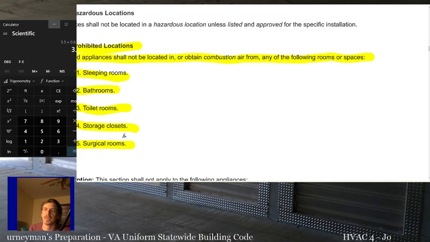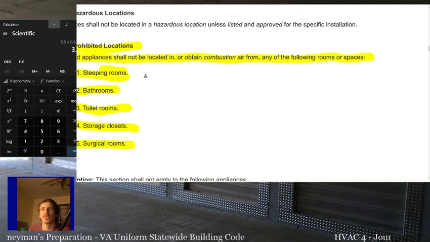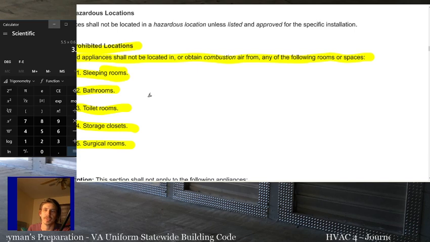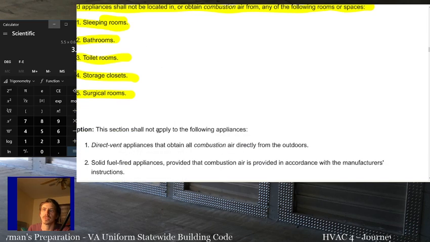This is something that I would expect them to ask a question on some of your tests. Depending on which version of the test you get, they will say something along the lines of a fuel-fired appliance cannot be located in or take combustion air from a sleeping room, or give you 3 other options or something like that. The fuel-fired appliances cannot be located in these rooms.